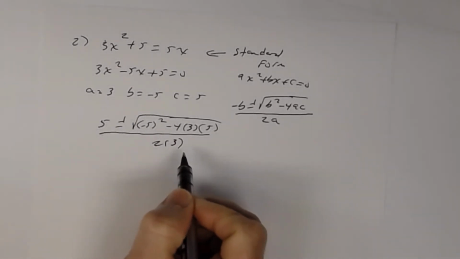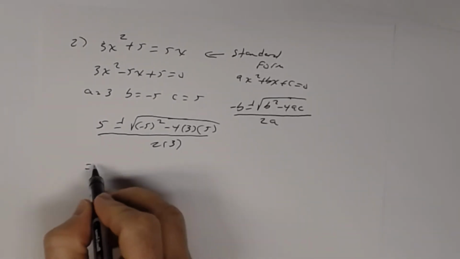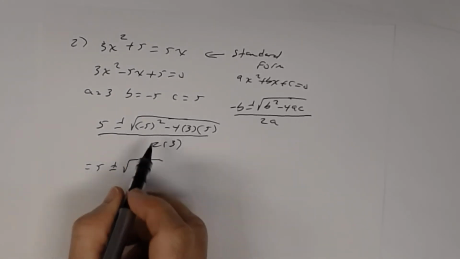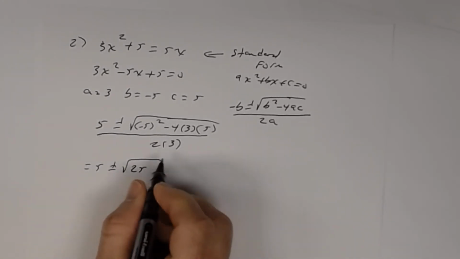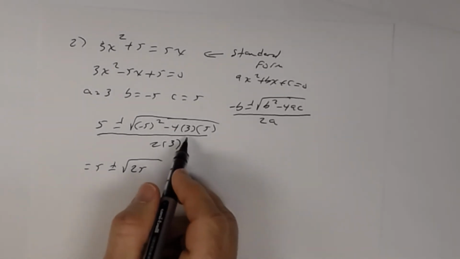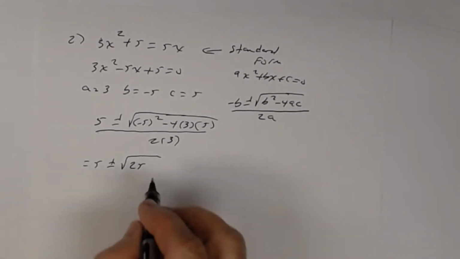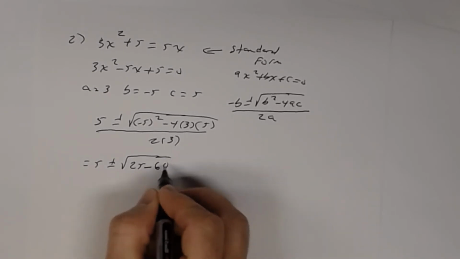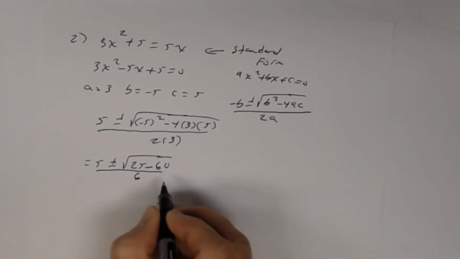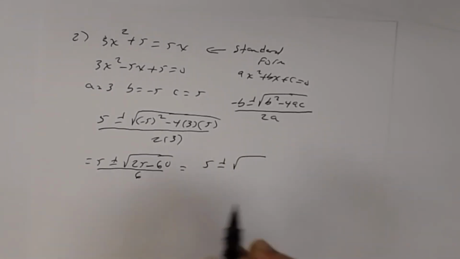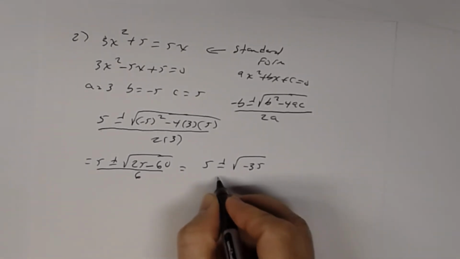Now simplifying this, we get 5 plus or minus the square root of, remember this says -5, so -5 times itself is +25. Then -4 times 3 times 5, that's 4 times 15, which gives us 60. So this becomes 25 minus 60, divided by 6. 25 minus 60 gives us -35, divided by 6.